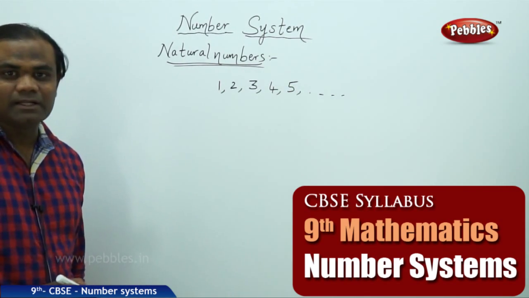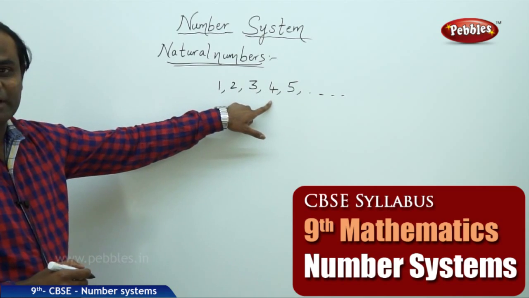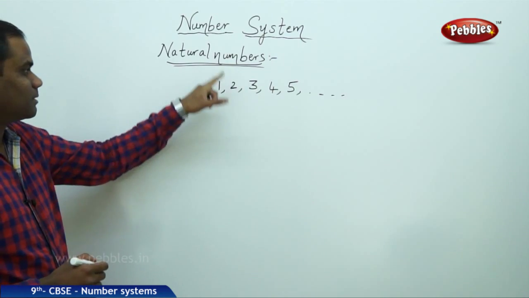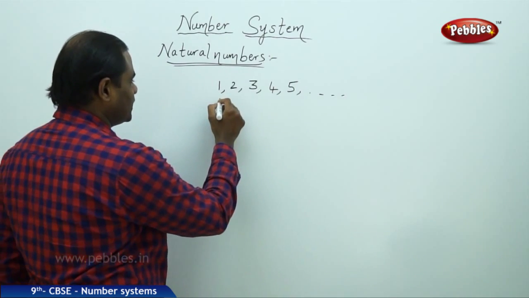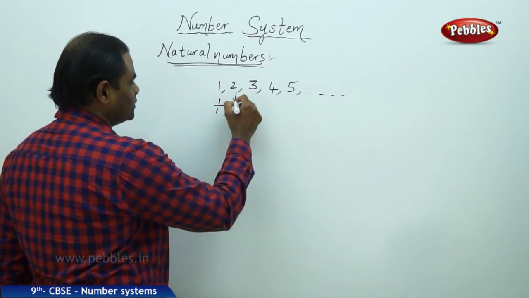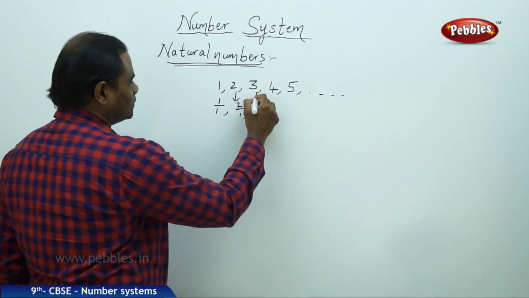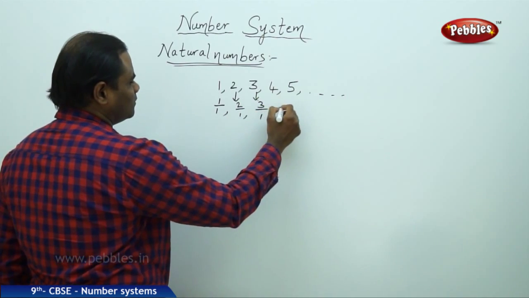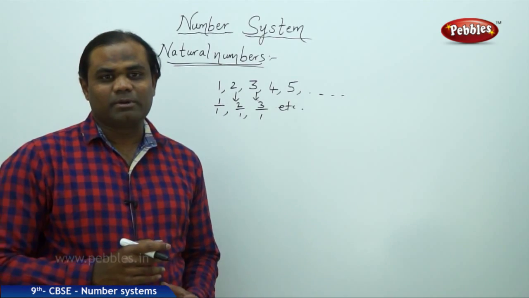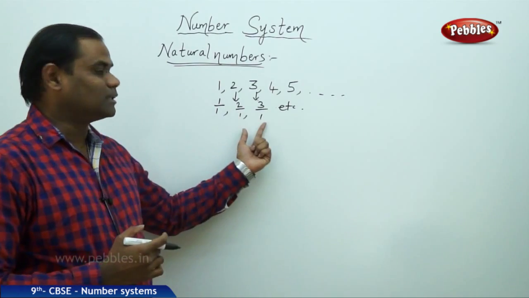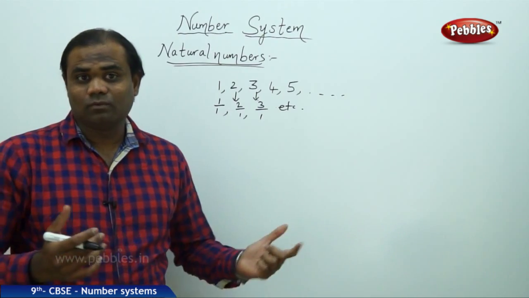The reason being that it cannot be expressed in a fraction form but can be expressed on the whole with denominator as 1. Say for example, I can write this as 1 by 1 and this as 2 by 1, this as 3 by 1 and etc. So natural numbers cannot be expressed in fraction form other than with denominator being 1.